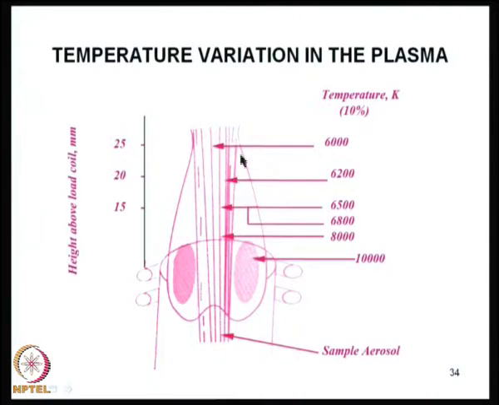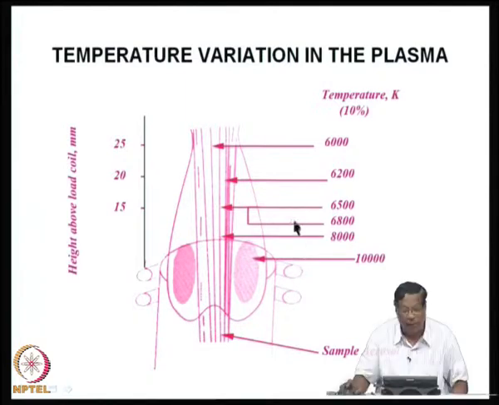That is another advantage, because if you remember the previous slide that I had shown you, in this region the temperature difference is hardly 200 degrees Kelvin, whereas here the temperatures are very high with respect to increasing height. So, in this region temperature variations are minimal.